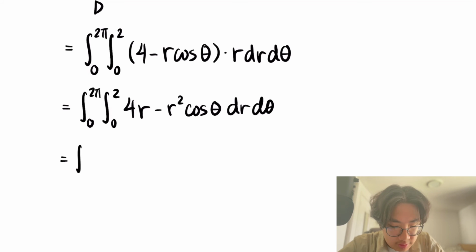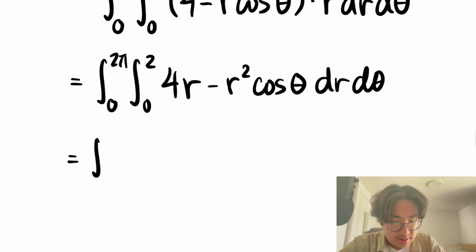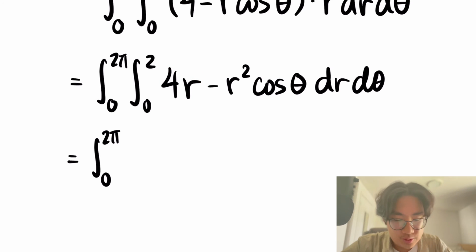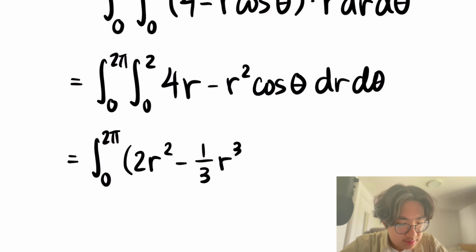Next, we'll integrate with respect to r first. So again, 0 to 2 pi still stays. And then here, the antiderivative of 4r is just 2r squared. And then same idea, but this time with r cubed, and then cos of theta.